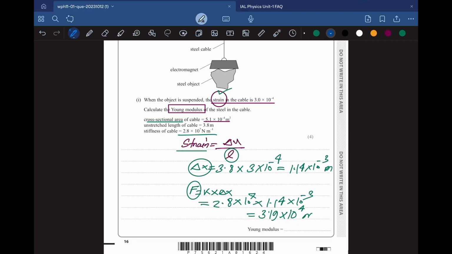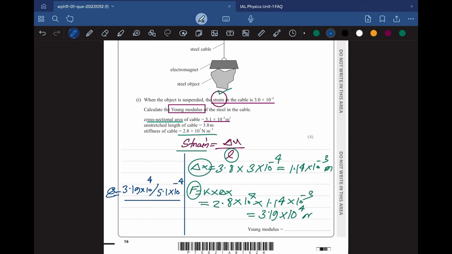We know the formula of Young modulus is stress by strain, and we have the force 3.19 into 10 to the power 4 divided by the area, which is 5.1 into 10 to the power minus 4.